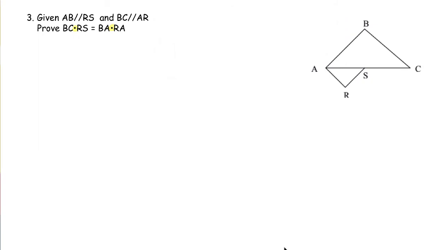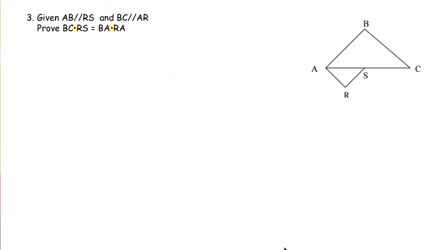So we're going to start by trying to get the triangles similar first, and then since our goal is a cross product which comes from a proportion, we will write a proportion for corresponding sides, and then we will get to our cross product property.